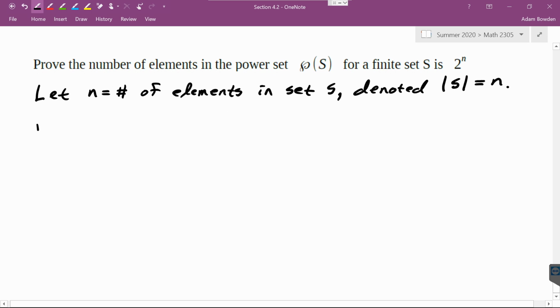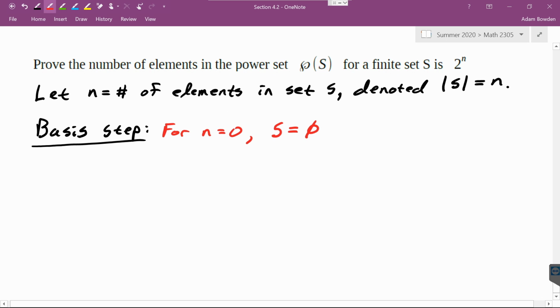So what we need to do first is the basis step here. We start with n equal to 0. For n equal to 0, the number of elements in the set is 0, and thus S must be the empty set.